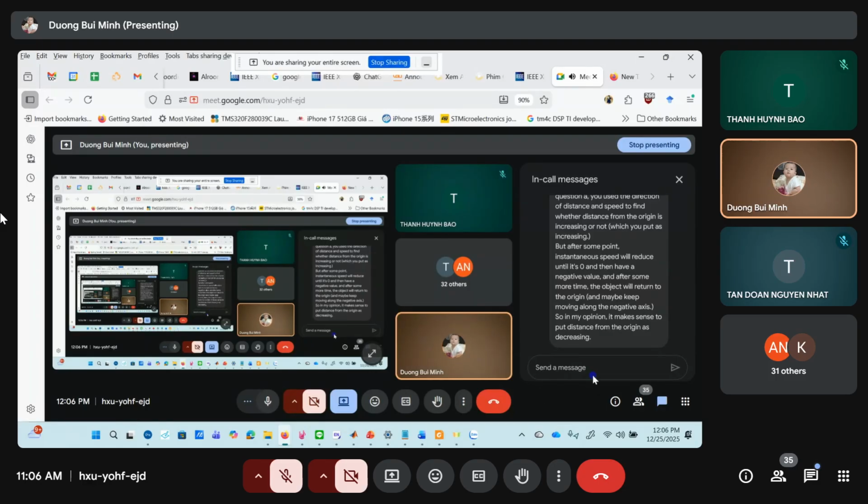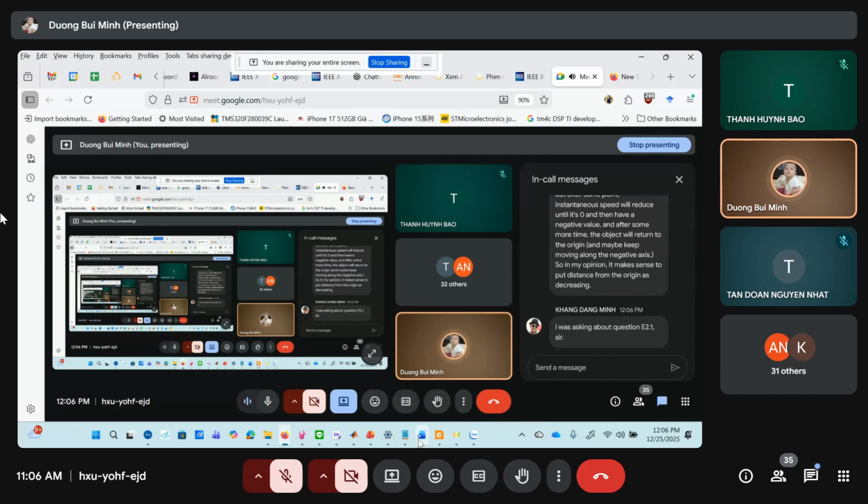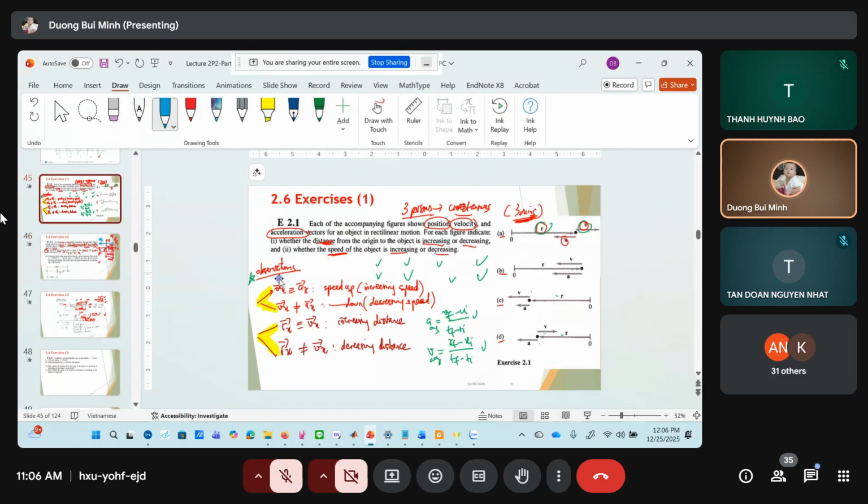Other questions? Oh, sorry, 2.1. For 2.1, I think the key point is the origin, I mean the starting point, or initial point.